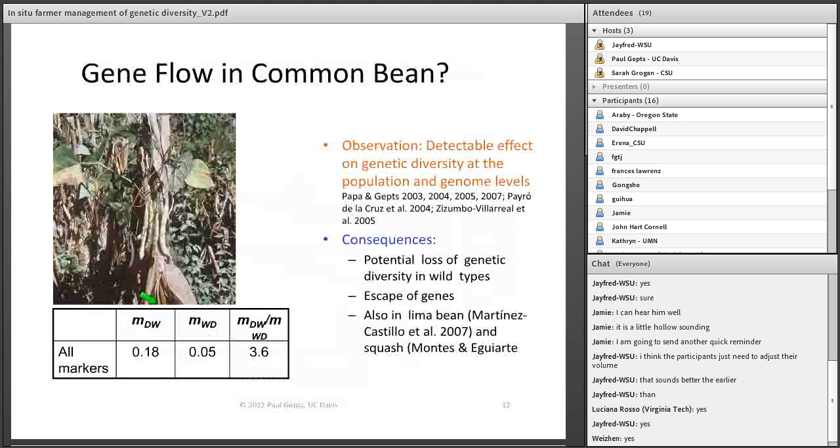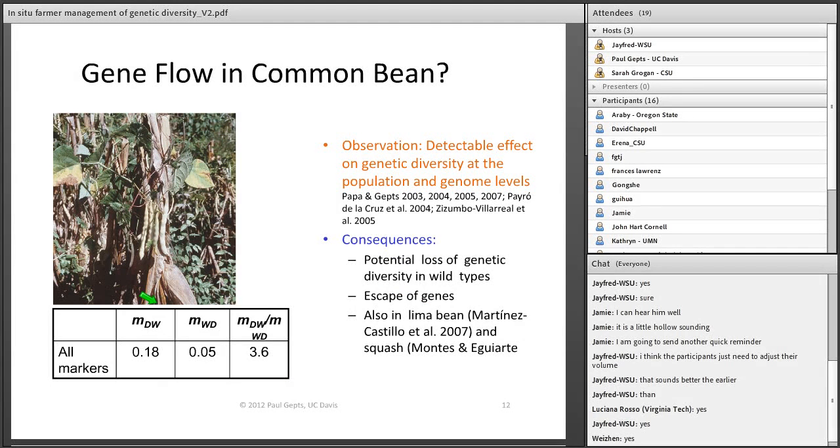And so it goes between 10 meters up to 110 meters. And the question was, do we see, for example, evidence of gene flow between wild and domesticated, and especially in the wild populations?